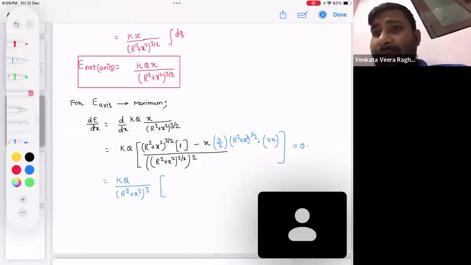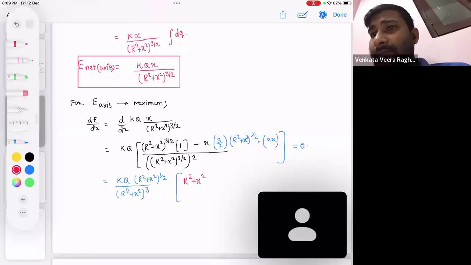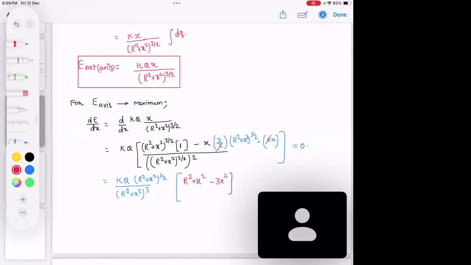What can we take common? (r square plus x square) to the power 1 by 2, we can take it common. So what am I left with? r square plus x square minus, see that, this 2 and this 2 got cancelled out, and 3x square we have. 3x square.